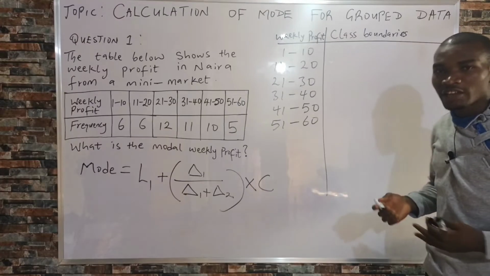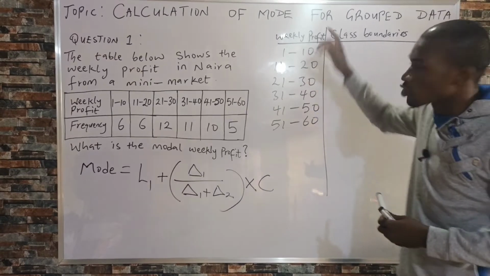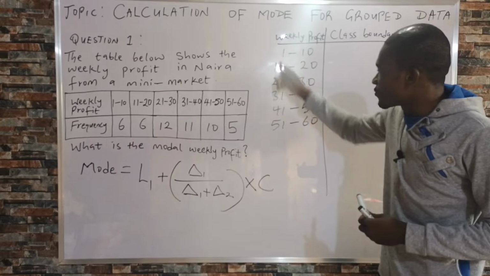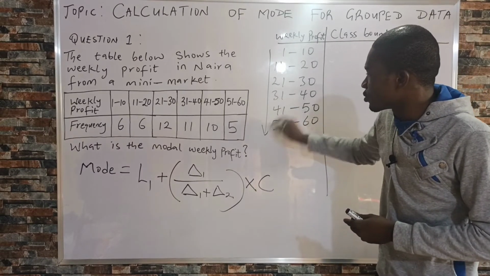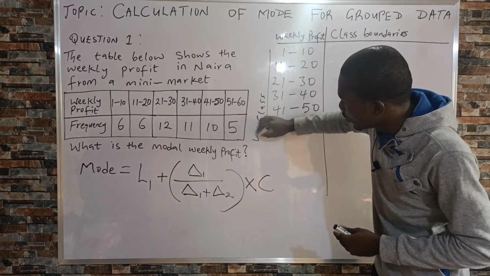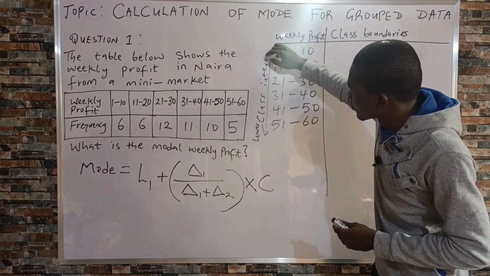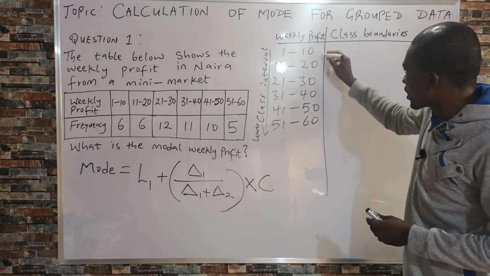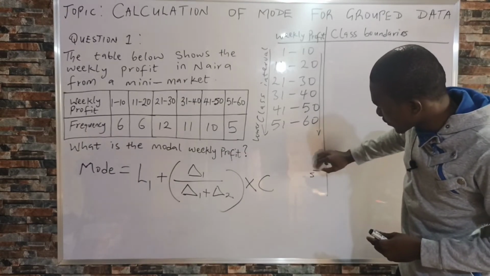How do we find the class boundaries? That is very simple. We shall be subtracting 0.5 from every value we have here. Remember, every value we have here we can call the lower class interval, while every value we have here we can as well call the upper class interval.